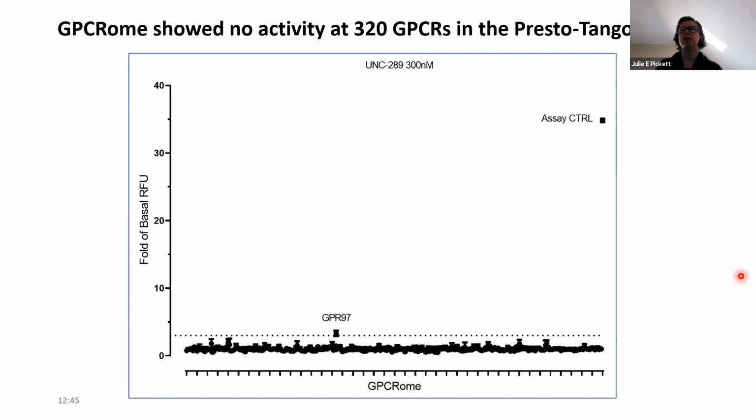This assay is typically run at 10 micromolar. Obviously 300 nanomolar is a lot lower than that, but it's what we needed to do for the compound. And at 300 nanomolar, the only hit that we got was GPR97. So with those caveats, it's still exciting to see that we don't have any other off-targets happening in the GPCRome.